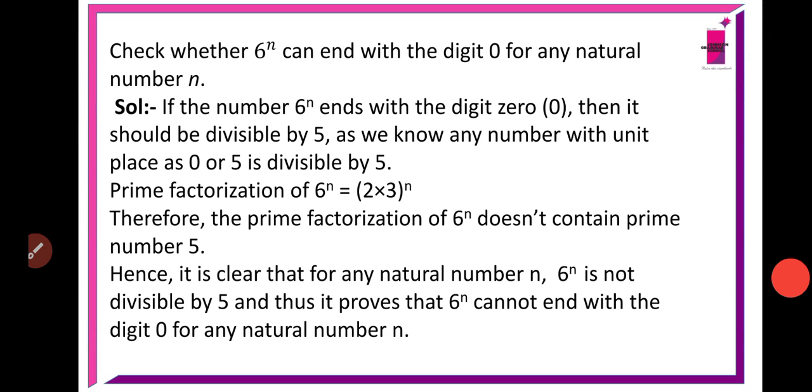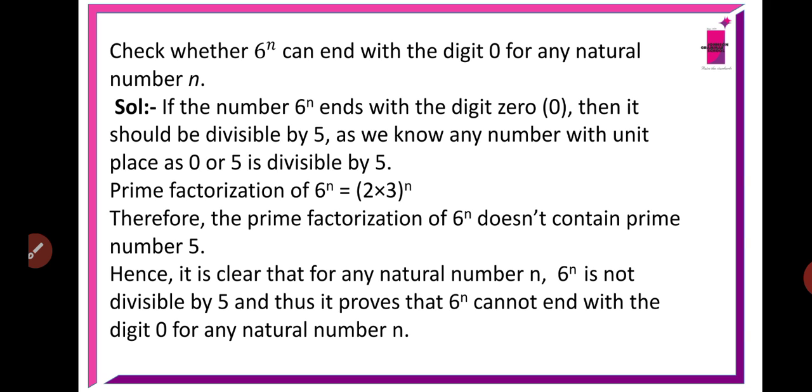And also based on prime factors, we can say whether a number will end with the digit 0 or not. Here one example is given. It is also a textbook question for you. Check whether 6 power n can end with the digit 0 for any natural number n. If the number 6 power n ends with the digit 0, then it should be divisible by 5, as we know any number with unit place 0 or 5 is divisible by 5.